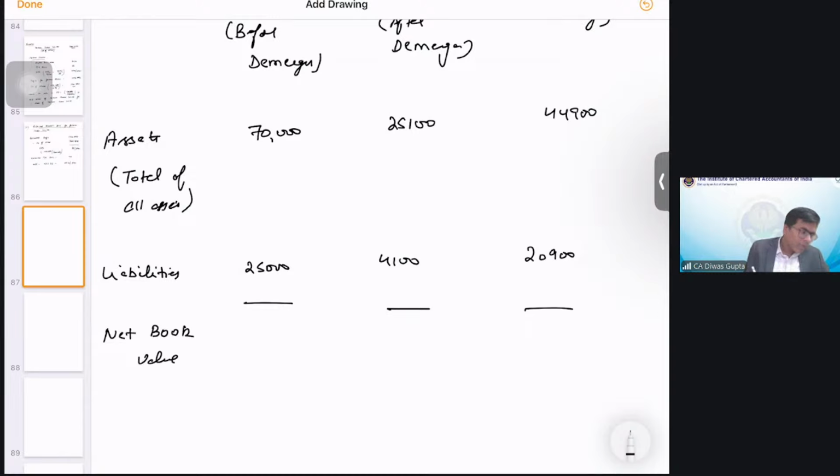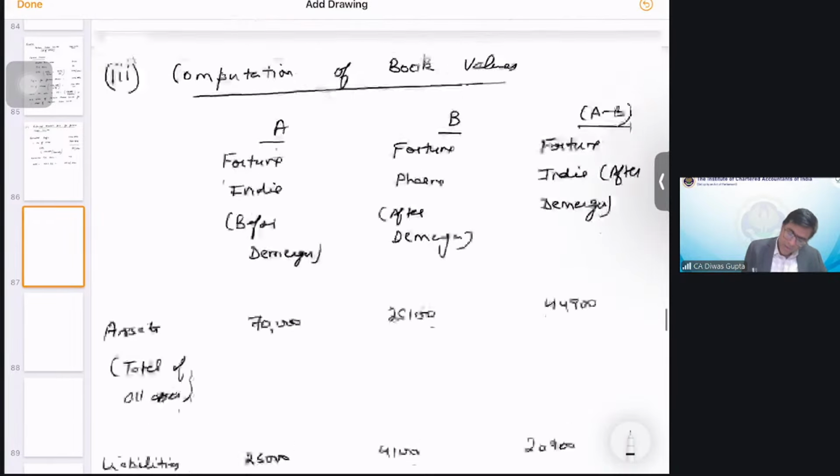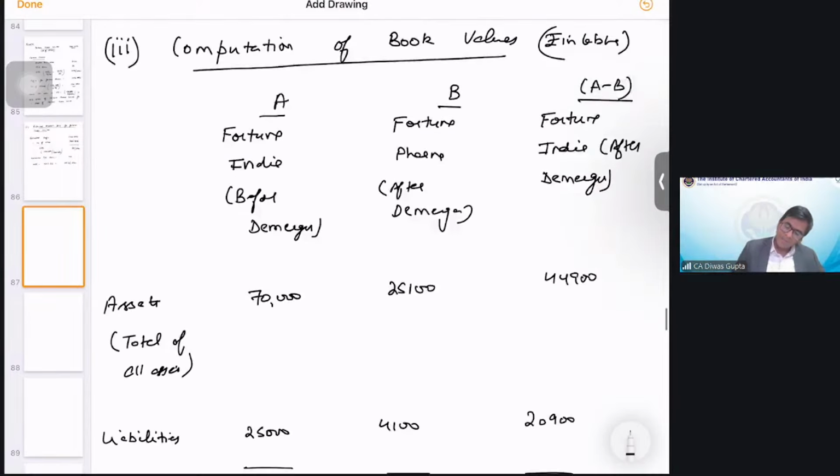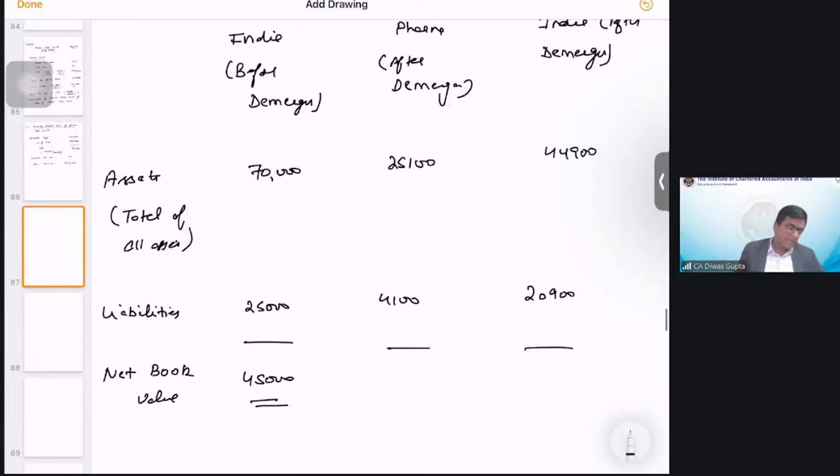Net book value. This is going to be 45,000. And we can mention here this is rupees in lakhs. Okay. Because all of this calculation is in lakhs. Then 25,100 minus 4,100. This is 21,000. Then 44,900 minus 20,900.